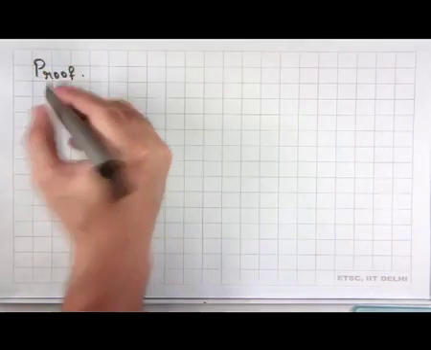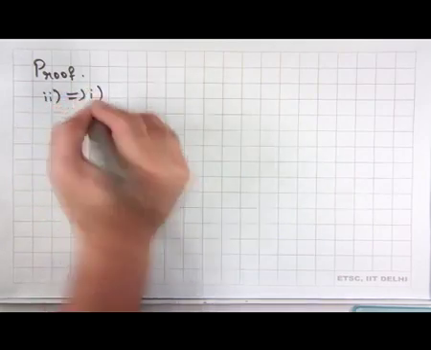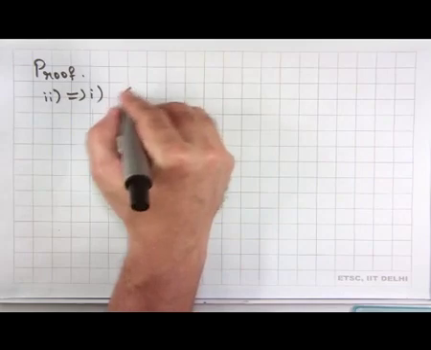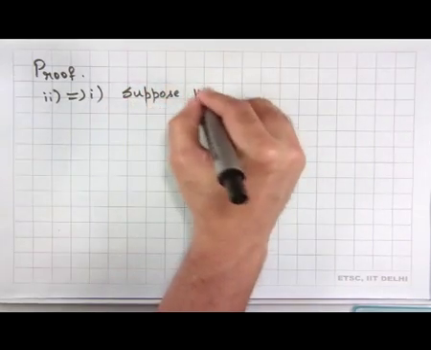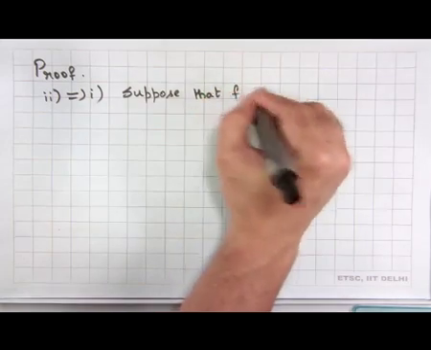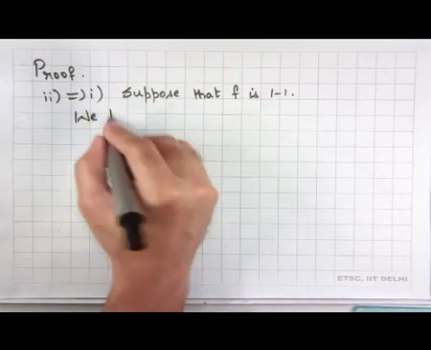Now, let us try to prove this one, 2 implies 1. So, suppose that f is 1-1. So, let us begin with what we know.